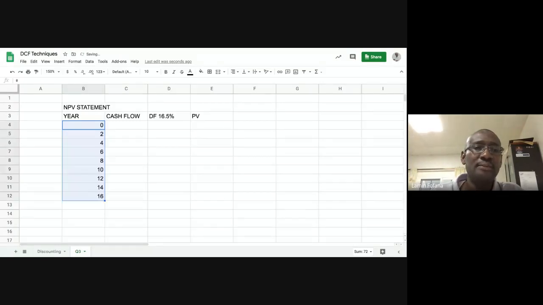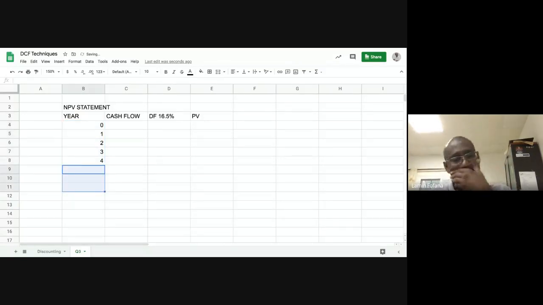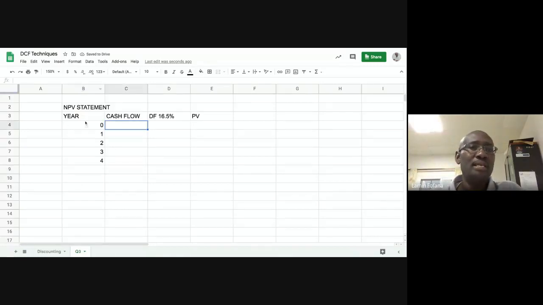Look at it. 2, 4, 6, 8, 10, 12, like that. But if you have gaps of 1, 0, then you have 1. If you highlight the 2 and you drag, it's going to give you gap of 1, 1, like that. Okay, so take note of that. So we want our years to be in the middle.